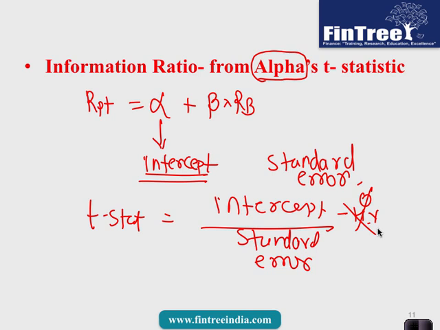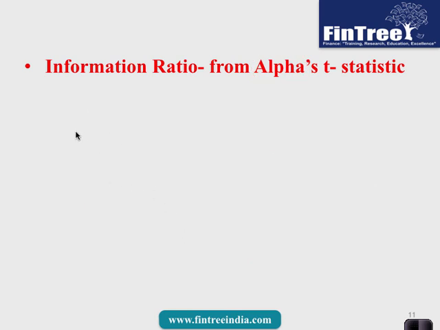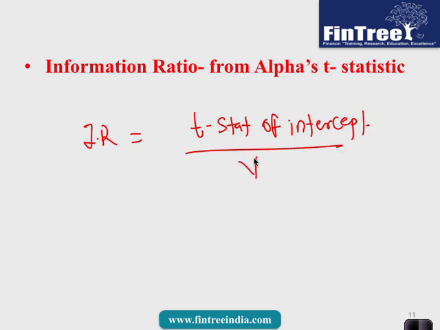And the formula which is given for information ratio is that information ratio is equal to t stat of the intercept divided by root n.